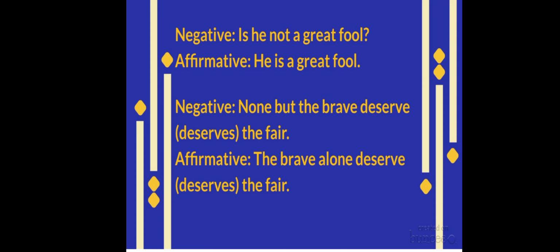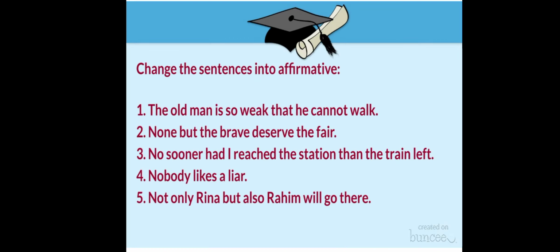It is very simple. Practice it at your home. You will get it. So now students, a task is there for you. Definitely you need some revision, you need some questions, and when you change these, you will get to know how much you have learned. So here 5 questions are there. You have to change these negative sentences into affirmative. I'm reading out these sentences for you.